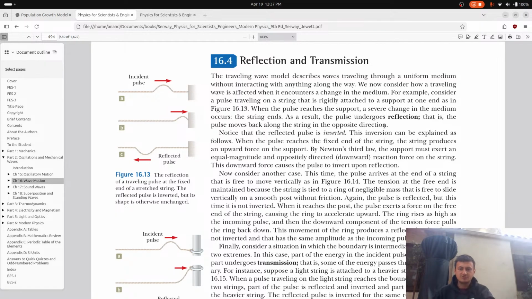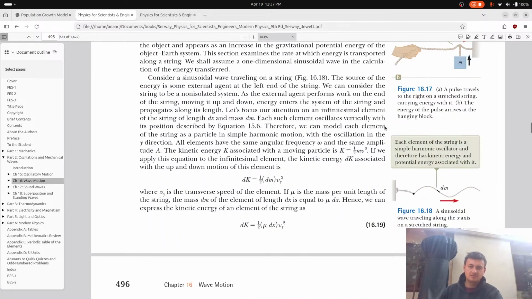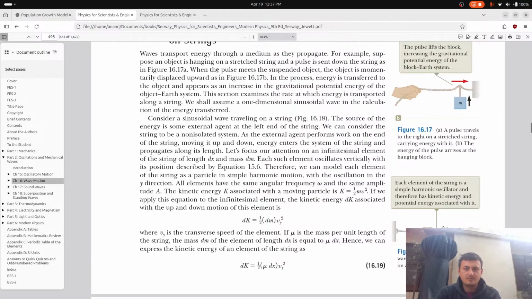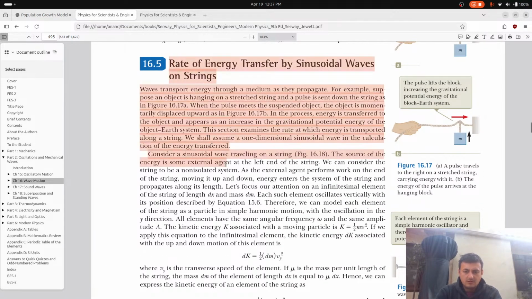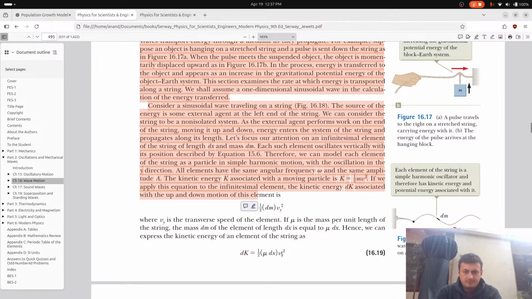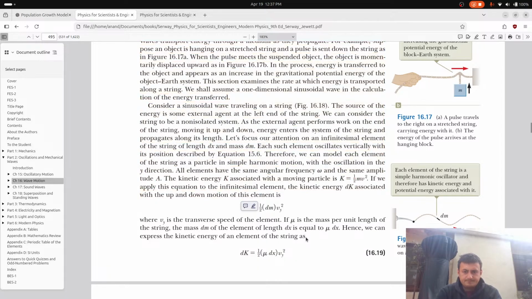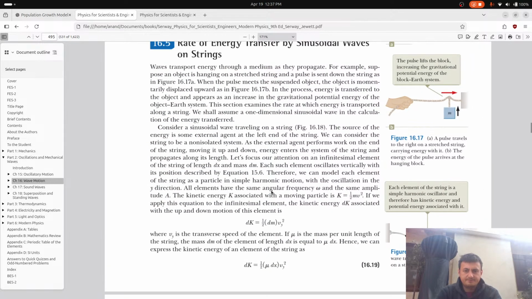This is actually not true, right? God, okay.